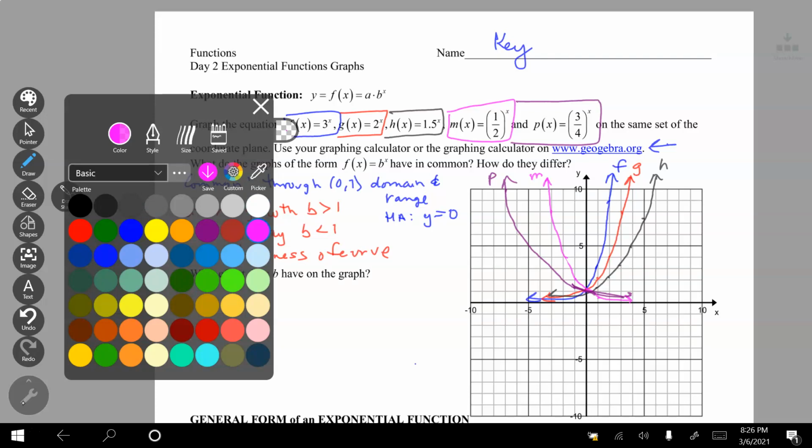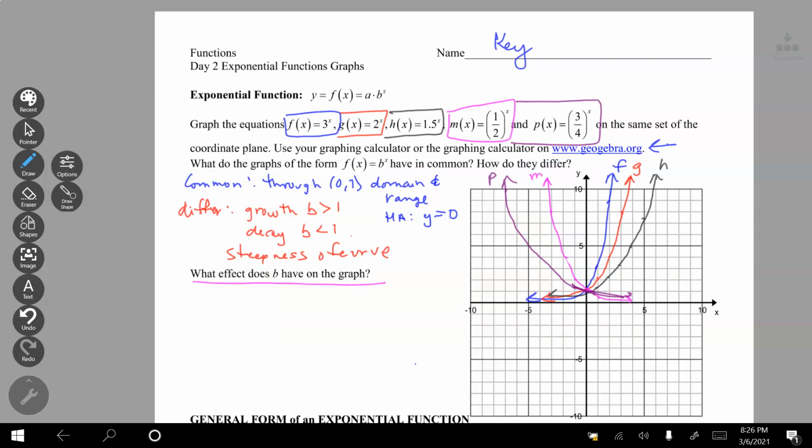So what effect does b have? That b value, the number under the exponent x, that is the steepness of the curve. Obviously we have growth when b is bigger than 1. We have decay when b is less than 1.